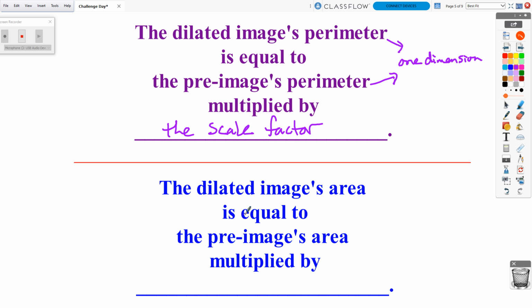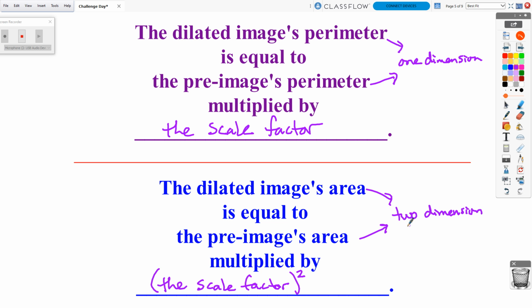Now, in terms of area, the dilated image's area, that was that 112.5, is equal to the pre-image's area, that was the 12.5, multiplied by the scale factor squared. Now again, why are we squaring the scale factor? Because remember, area is a two-dimensional thing. It's based on length and width.